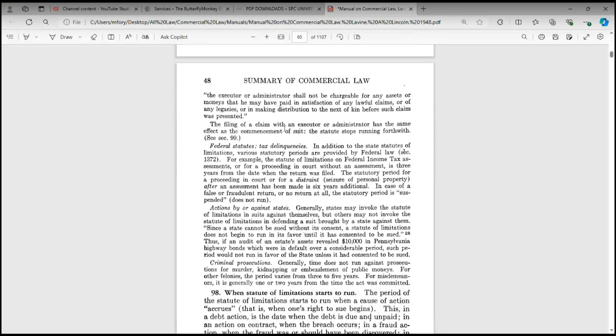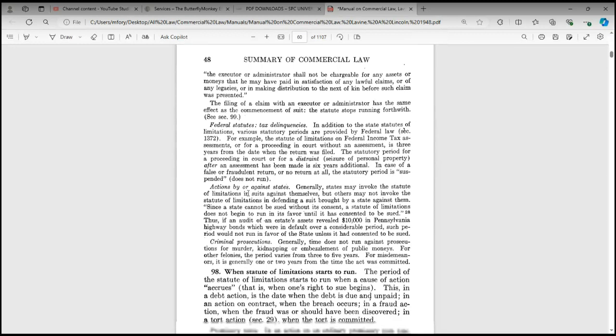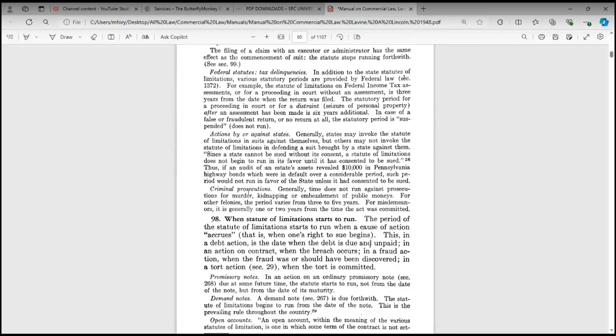The filing of a claim with an executor or administrator has the same effect as the commencement of a suit. The statute stops running forthwith. Federal statutes, tax delinquencies. In addition to the state statutes of limitations, various statutory periods are provided by federal law. For example, the statute of limitations on federal income tax assessments or for a proceeding in court without an assessment is 3 years from the date when the return was filed.